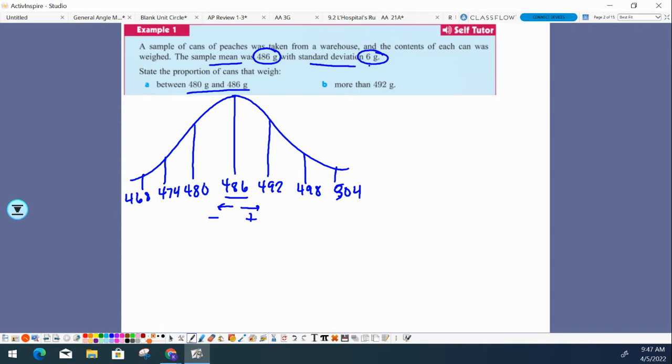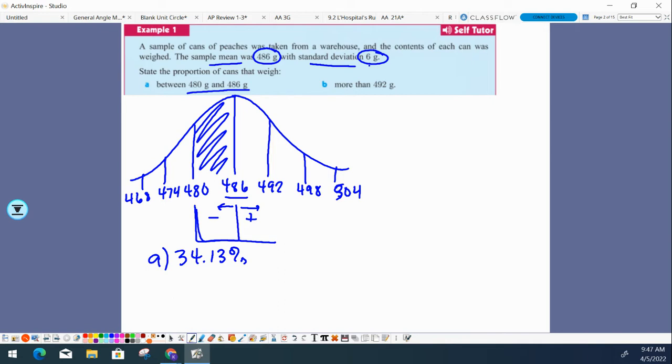All right. Now, what we're going to do is we want to estimate the percent. So everything under the curve is telling us about probability, and it's giving us the percent that lie in between. So if I want to know 480 to 486, that's going to be this part for letter A. So if you look up above, if you use your chart, it's just 34.13%.